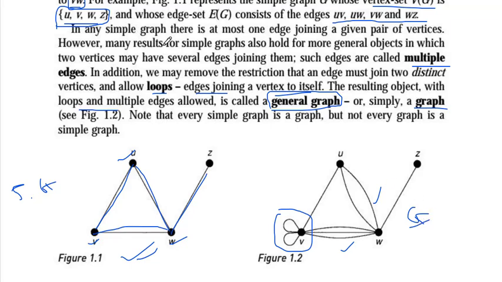You can say that every simple graph is also a graph, but not every graph is a simple graph. Simple graph means no loops and no multiple edges.